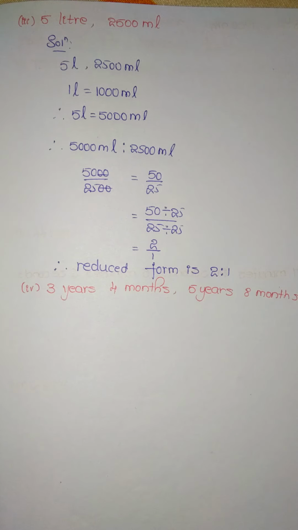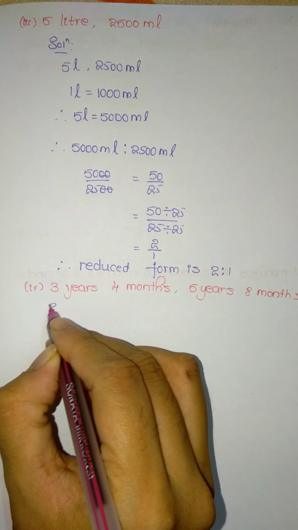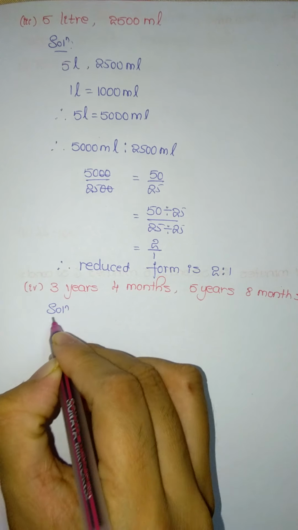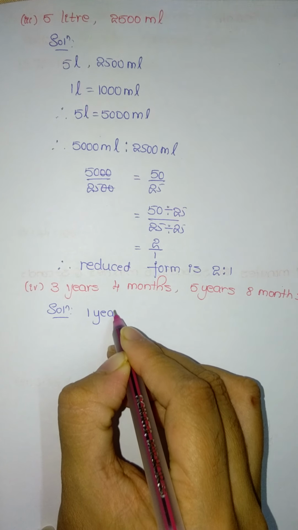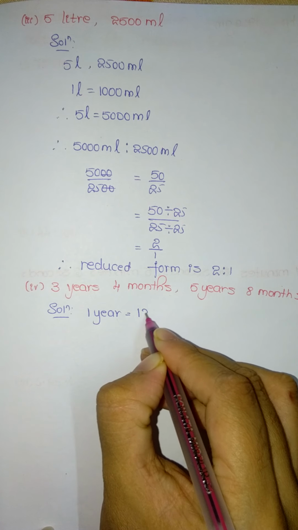Next move on to question number 4, that is 3 years 4 months, 5 years 8 months. So we have to convert 3 years 4 months and 5 years 8 months into months. So here 1 year equal to 12 months.